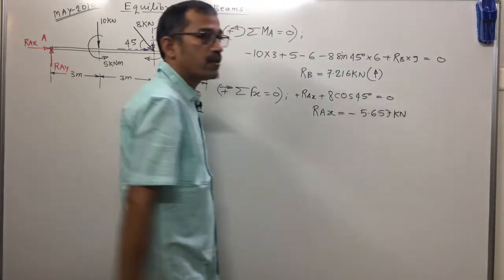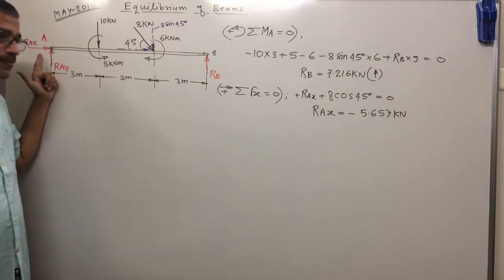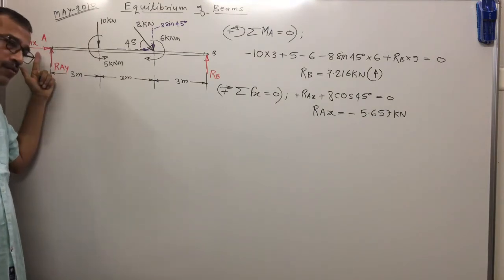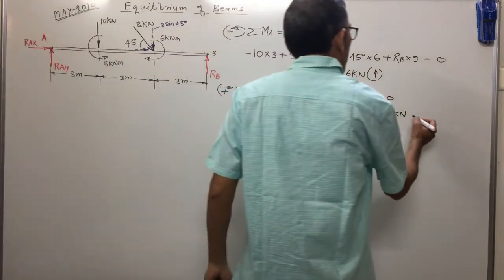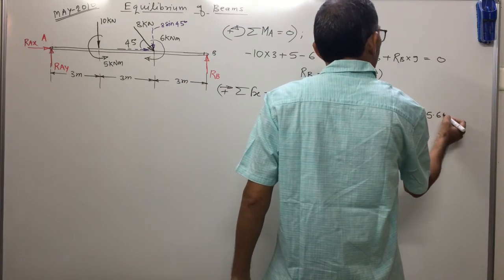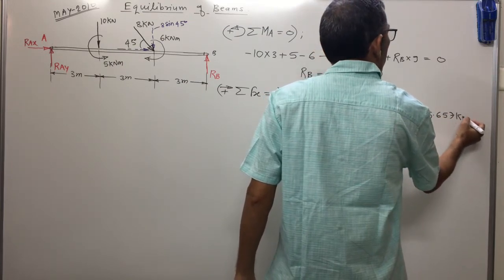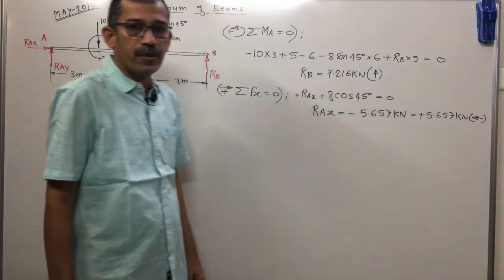Negative answer represents what? The assumed direction of RAX, which is rightward, is wrong. What will be the correct direction? Leftward. That means again I will write with positive sign plus 5.657 kilonewton and I will add here the direction, that is leftward. Clear?